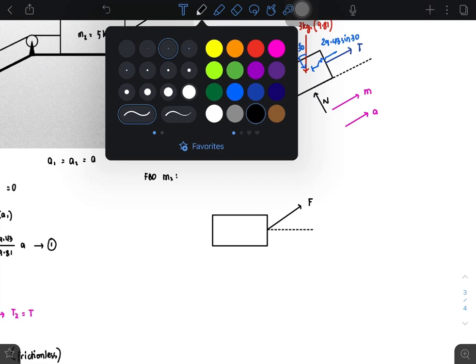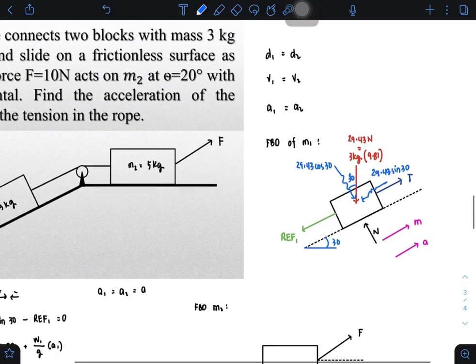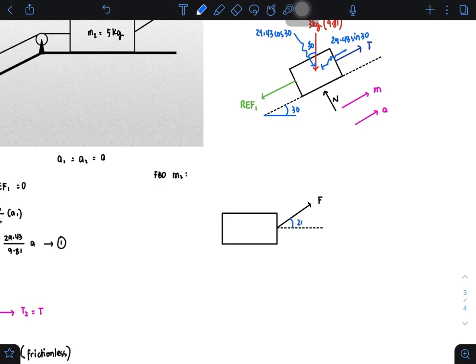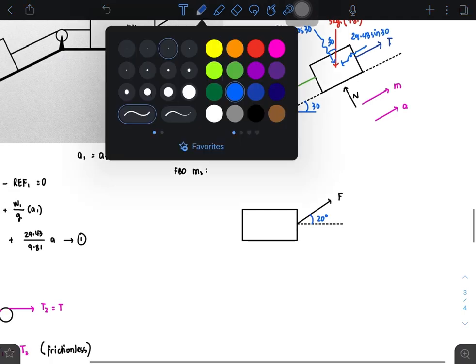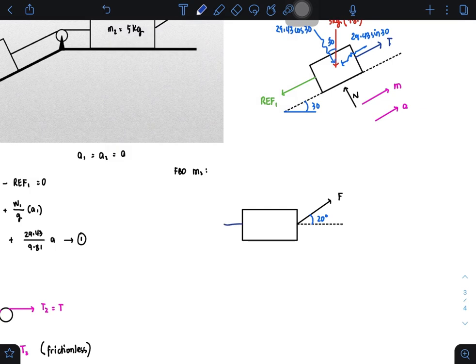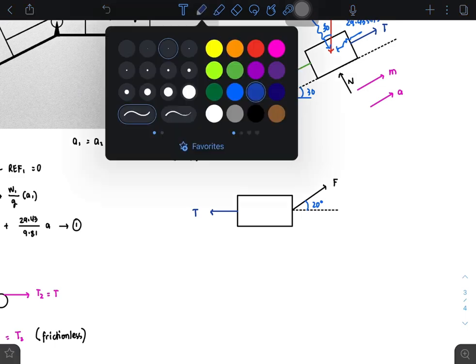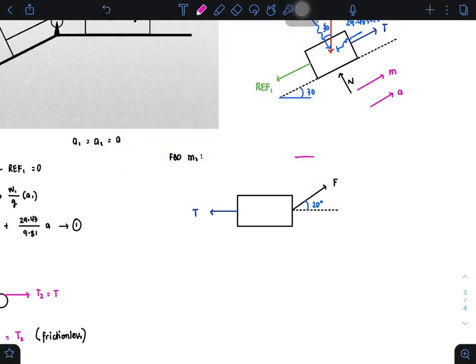How much is this? According to the problem, it's 20 degrees. And then there is a tension, found here, pointing away from the system. So that's T. And the motion is towards there, together with the acceleration.